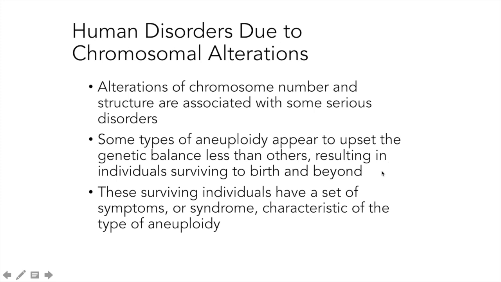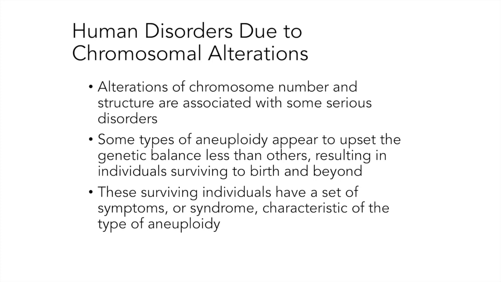So it's possible that some cases of aneuploidy are actually viable, and we call them an individual that has an aneuploid condition. We say that all of the symptoms together constitute what we call a syndrome. So there's a set of numerous symptoms together that make up a syndrome.